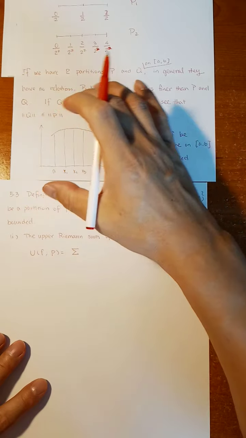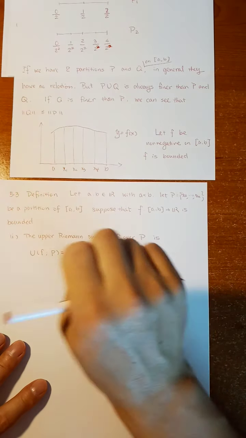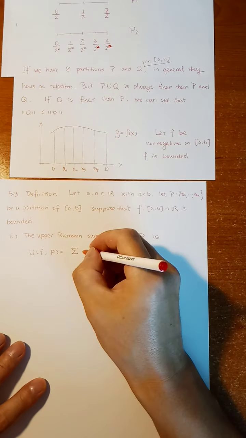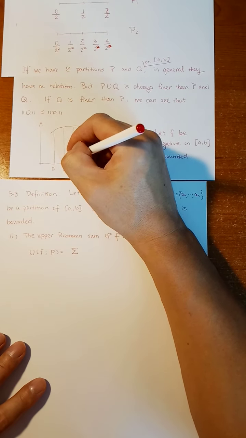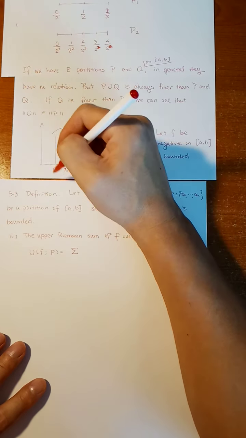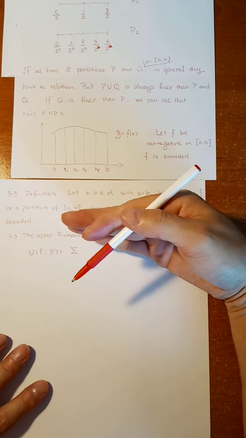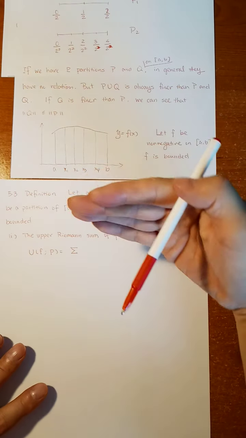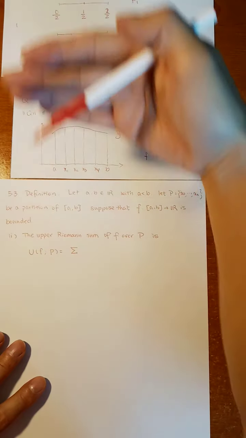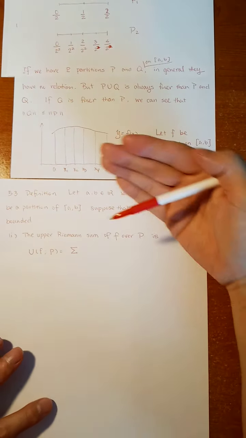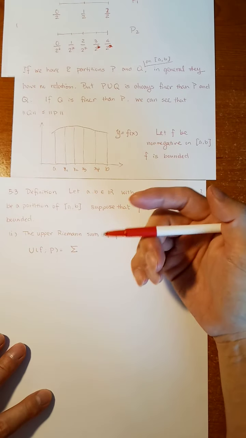A Riemann sum is a height times the base. Height, in this case, f is bounded. Bounded, of course, over each interval is also bounded. You have a maximum and minimum, or rather a supremum, not maximum, minimum. If continuous, you will have a maximum. Here you have a supremum and infimum. A bounded function will have a finite supremum and a finite infimum.